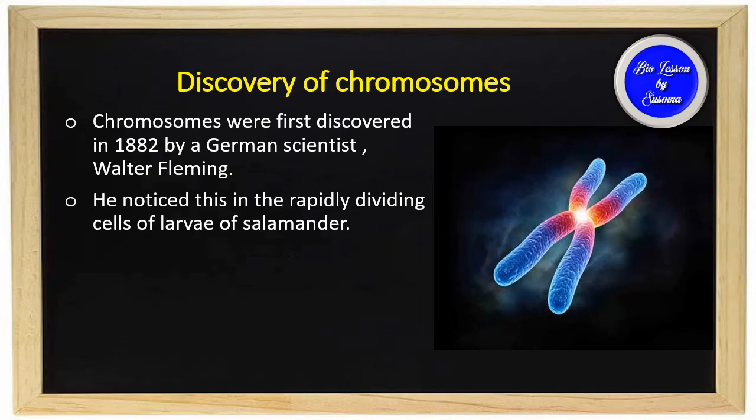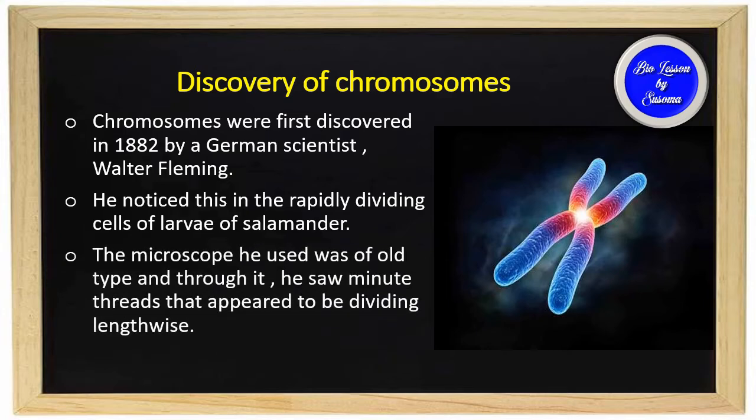Salamander falls under amphibia. Now in the microscope, he saw minute threads that appeared to be dividing lengthwise, though the microscope was of an old type. And Flemming called their division as mitosis.